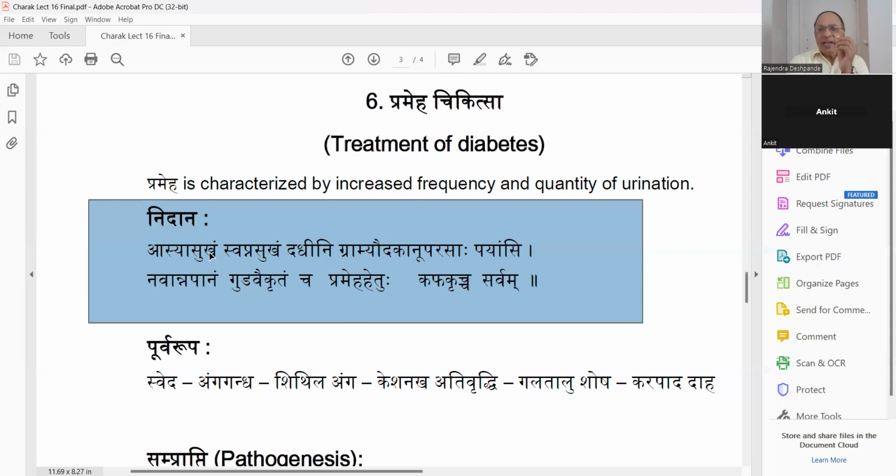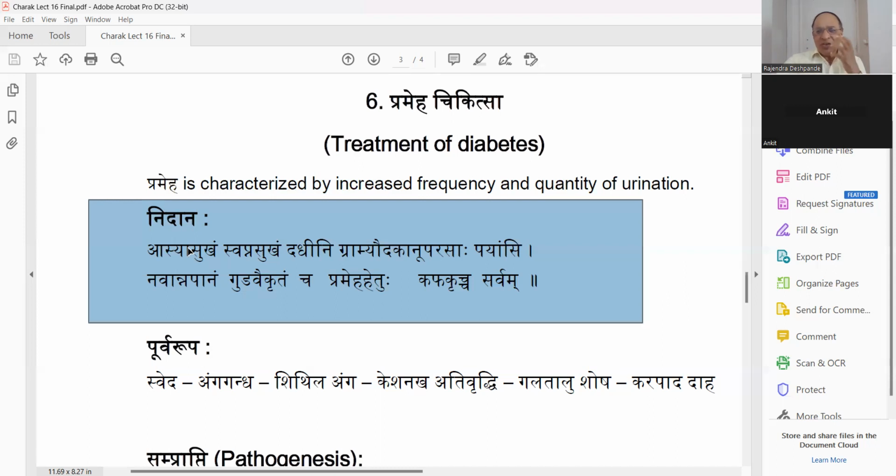Yes, one can take a nap in the afternoon. But otherwise, if you have the habit of daytime sleeping, you may get diabetes after a few years.